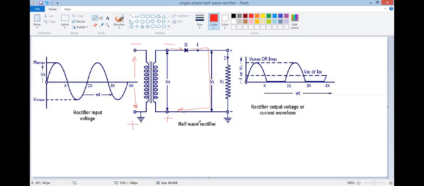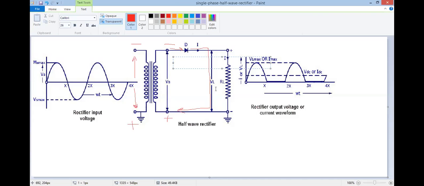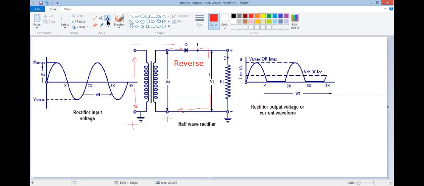The negative terminal of battery is now connected to P-type material of diode, and N-type material of diode connected to positive terminal. So we say the diode is now reverse bias. Diode is reverse bias.